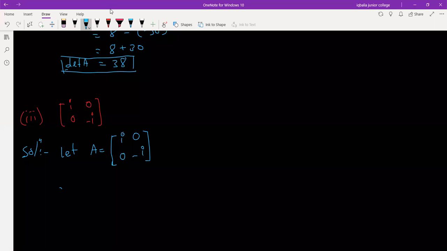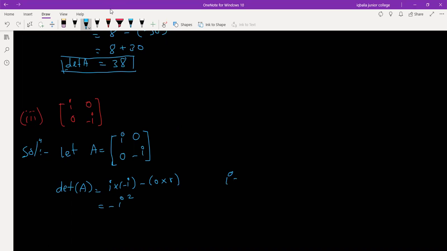Now determinant A will be i into minus i minus 0 into 0. So here this will be minus i square.